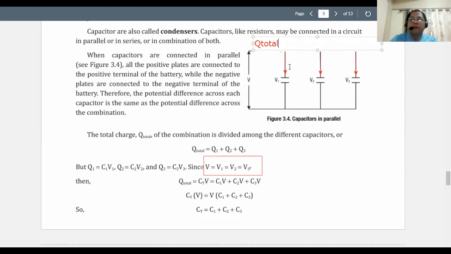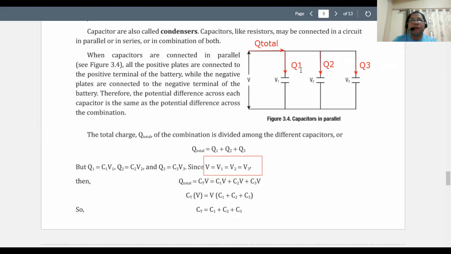Now, as it enters the first capacitor, we will have a split. So the total Q will now split into 3 different directions. And likewise, our third capacitor will get its own charge Q sub 3. So it's just like a water pipe.